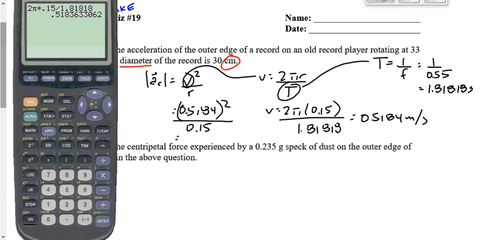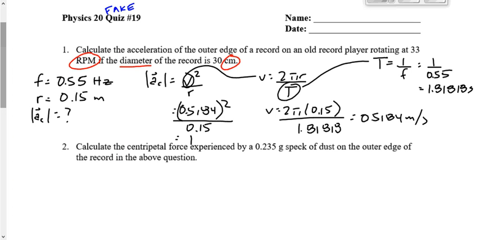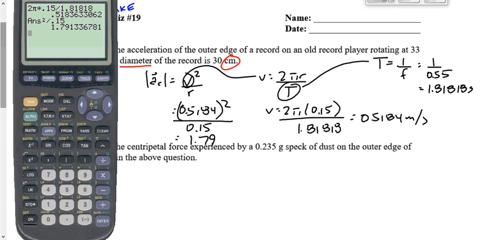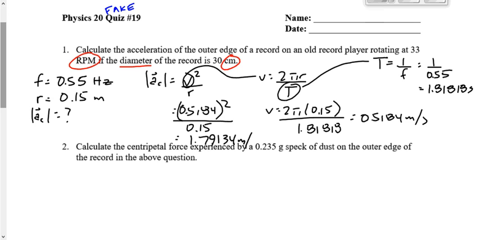Take that number, square it, divide it by 0.15, get a value for centripetal acceleration of 1.79134. Now I'm going to round that to 2 digits to give me 1.8 meters per second squared, but you'll see why in a second, why I left the unrounded number there written down.